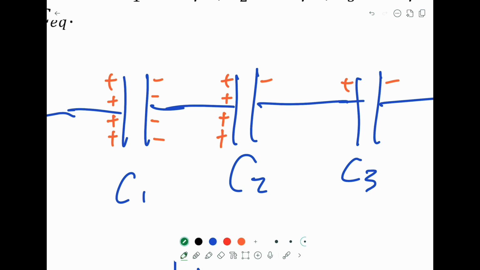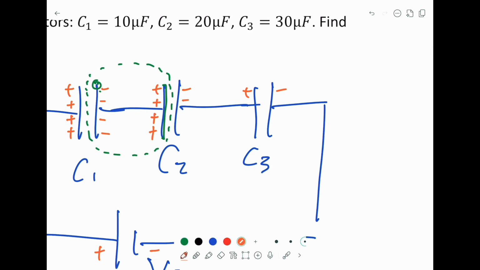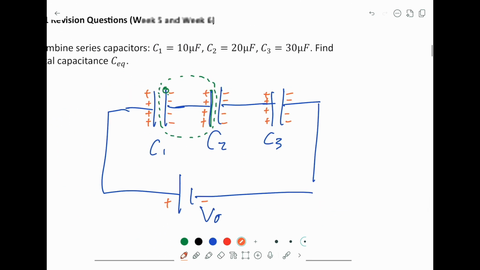This positive charge pushes the neutral side, moving positive charge from here to the other side. But overall, if you look at here, this is also neutral. So you will have negative, negative, negative. It means the charge across each capacitor remains unchanged.